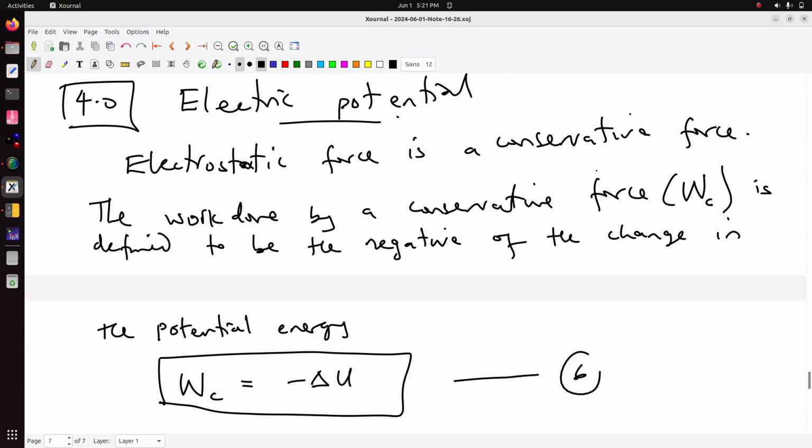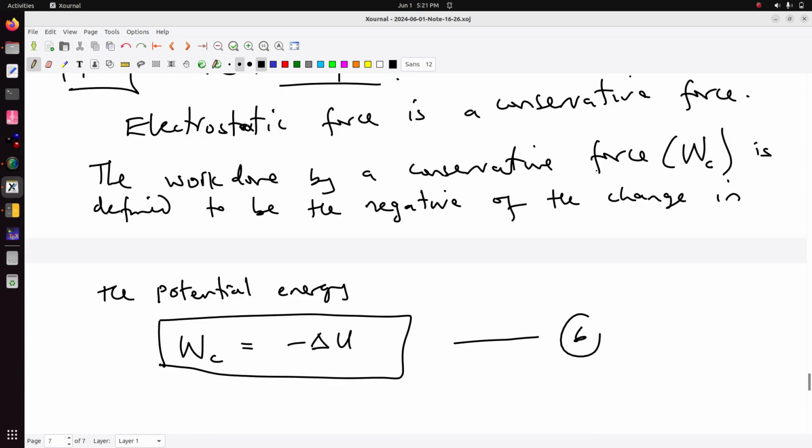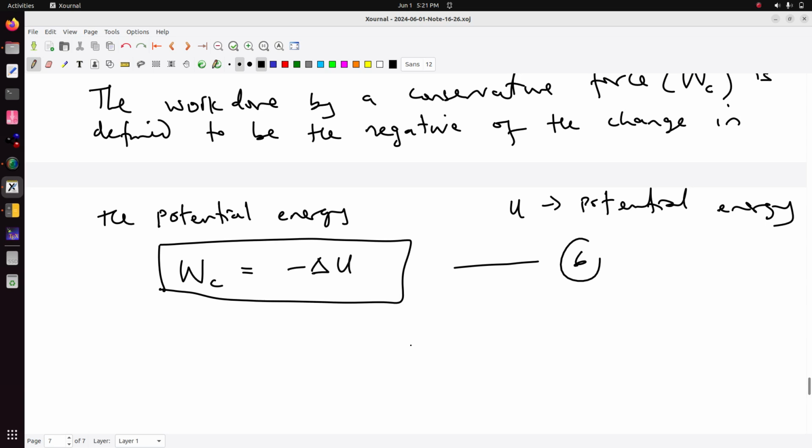So the work done is minus delta U, where U denotes the potential energy and delta U is the change in potential energy.